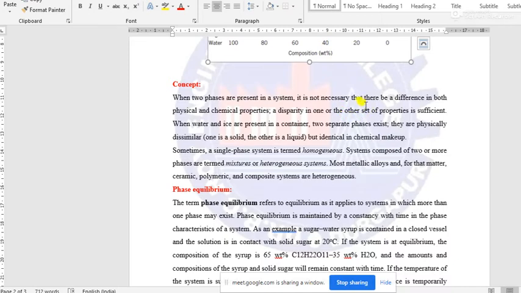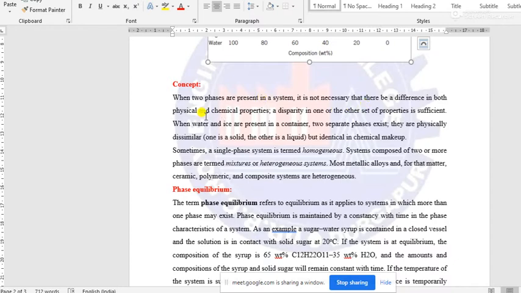But when the solubility limit of sugar is exceeded, then obviously in that solution there will be two different phases. One is sugar water syrup, and one is solid sugar. At that particular point of time, there will be two different phases.